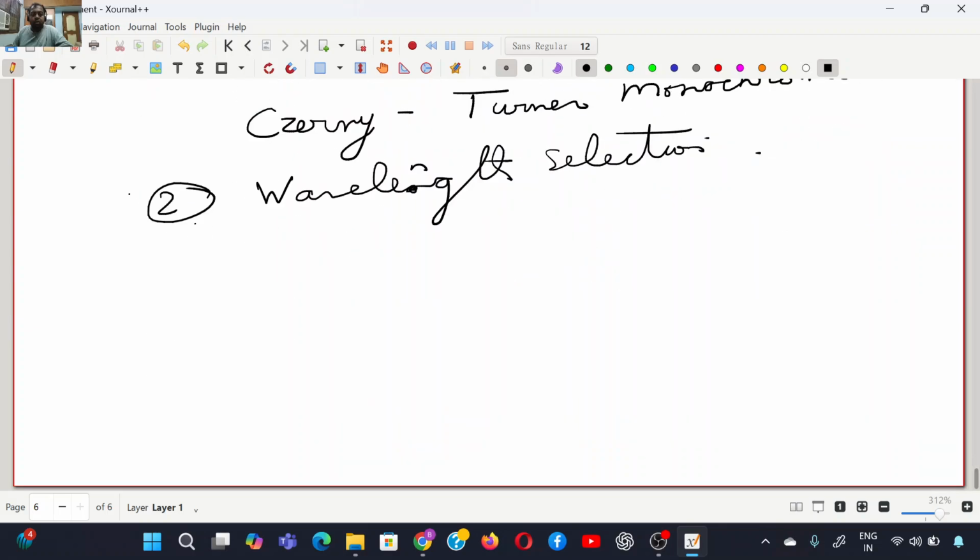Coming to detectors. It collects the light after it passes through the monochromator. It usually has a detector, for example a photomultiplier tube, power supplies, amplifiers, and readout devices. Okay.